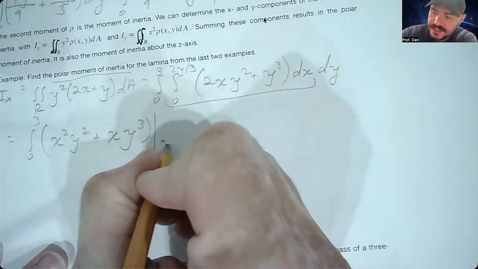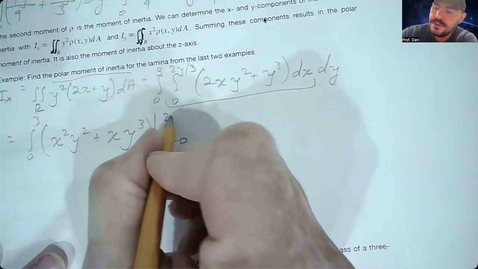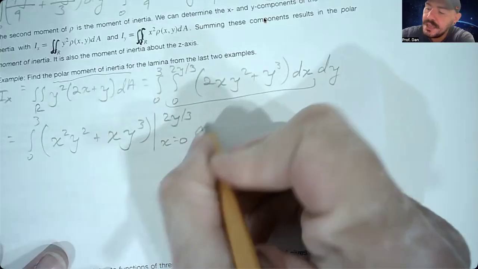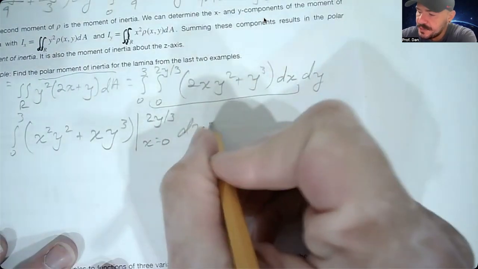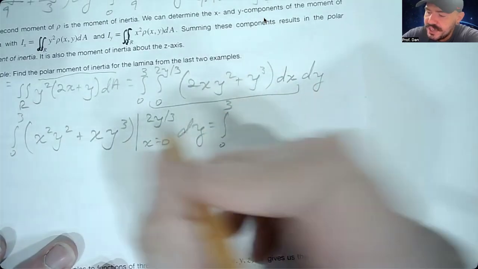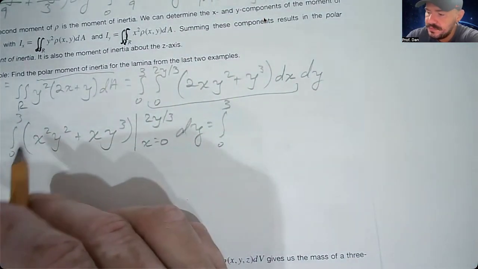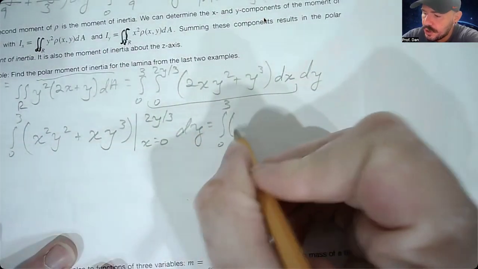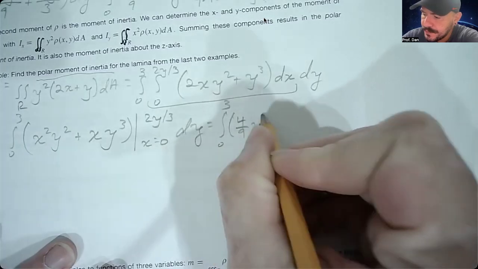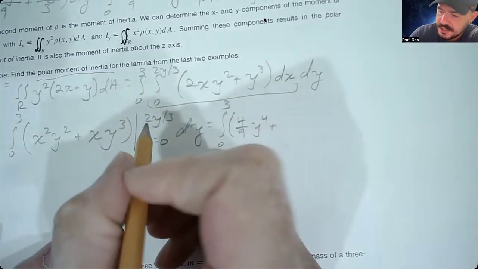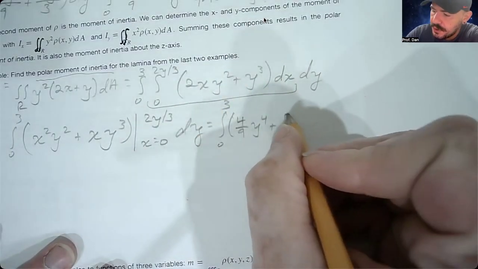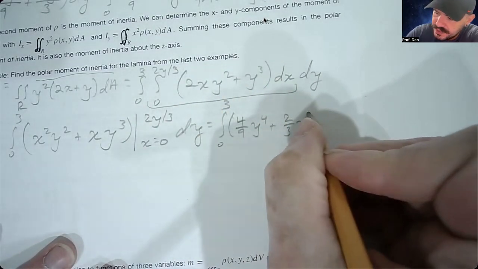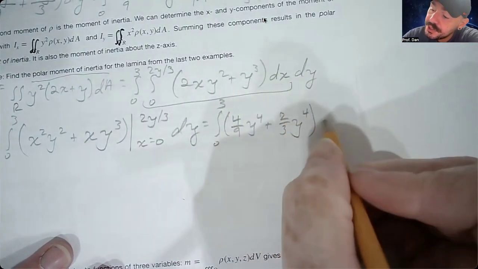And we're going to evaluate that from x equals 0 to x equals 2y over 3, and then integrate with respect to y. So making my substitutions, my integral will now be 4 over 9 y to the 4 plus 2/3 y to the 4. Love how this is following the same pattern pretty much all the way through.